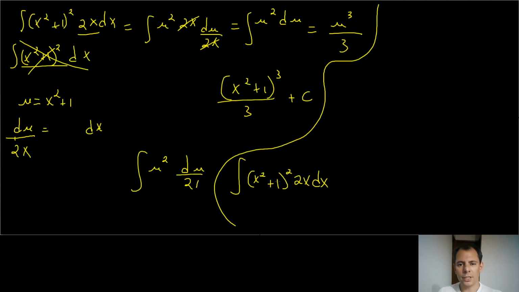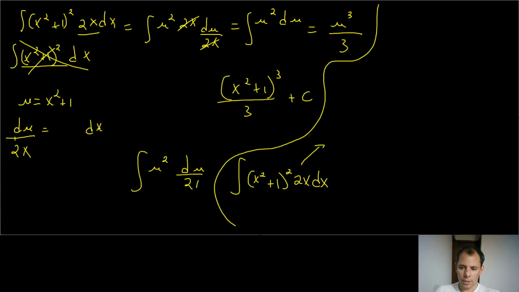By inspection, you're not always going to have to replace these things and substitute with other letters. If you see an inner function, you have to see the derivative of this inner function multiplying in here. And if the derivative of the inner function is already present in the formula, you know you can go ahead and do it.